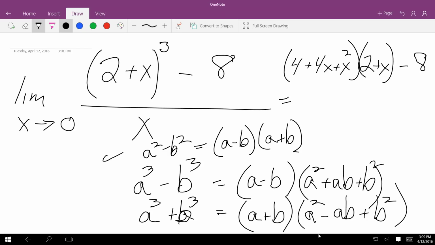And always use a methodology here that is consistent. Don't jump around. Take that 4 and multiply it by both terms. Okay, so 8 and 4x. Now take the 4x and multiply it by both terms. So 8x and 4x squared.